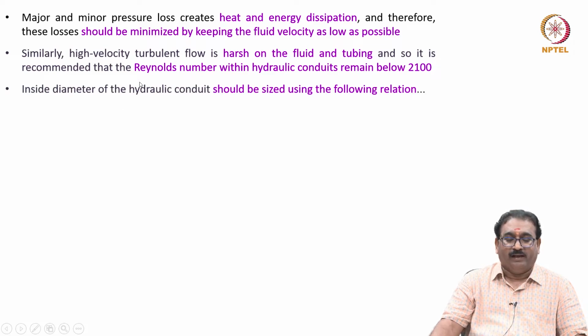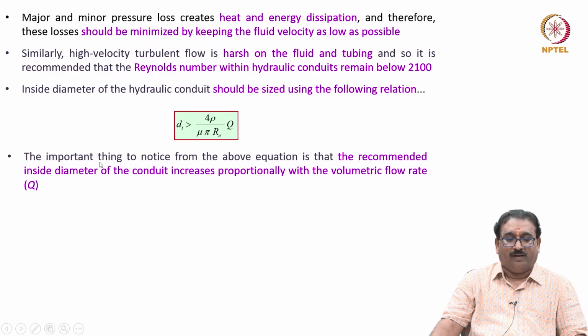Inside diameter of the hydraulic conduit should be sized using the following relation: di > 4ρQ/(μπRe). The important thing to notice from the above equation is that the recommended inside diameter of the conduit increases proportionately with the volumetric flow rate Q.